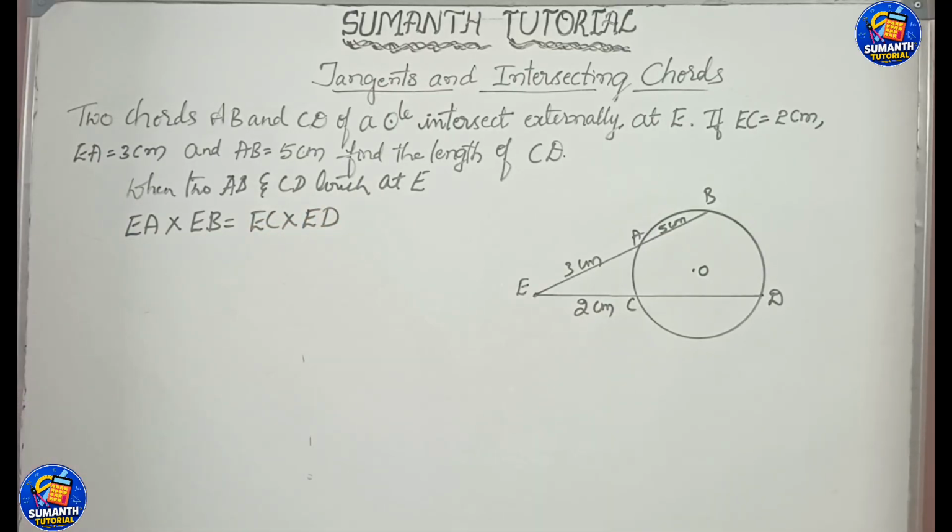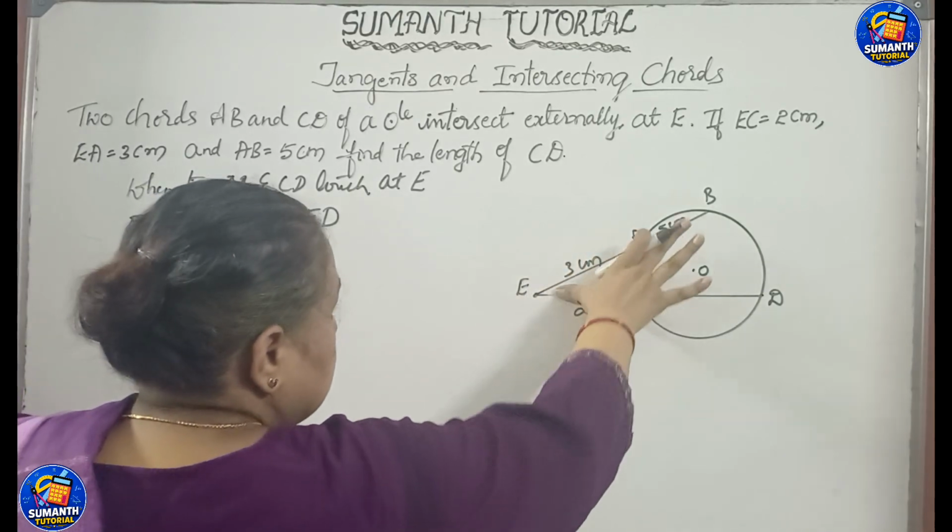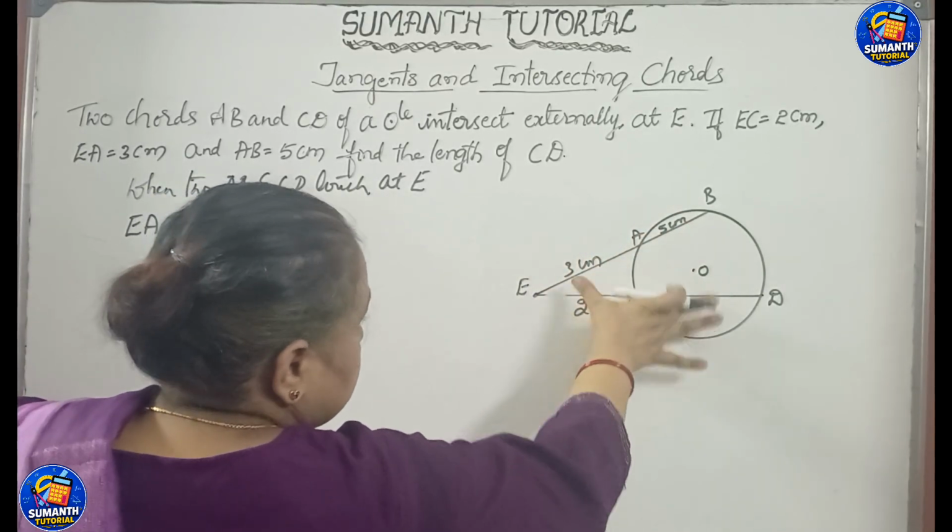Are you understanding? The total length EA into EB is equal to EC into ED.